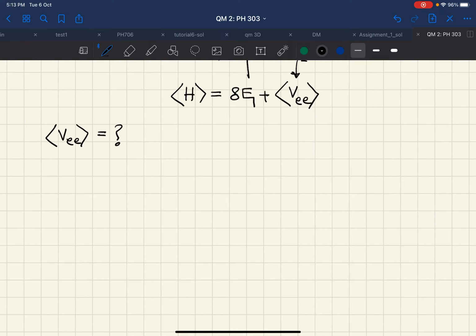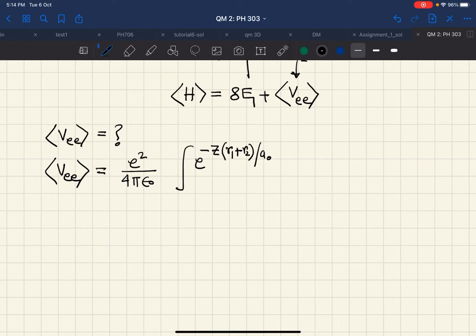So, for that, let us look at what actually is this VEE. This VEE is e square by 4 pi epsilon naught, and then we have e to the power minus Z (r1 plus r2) divided by a naught, divided by r12, that means mod of r1 minus r2, and then we have d3r1 d3r2.